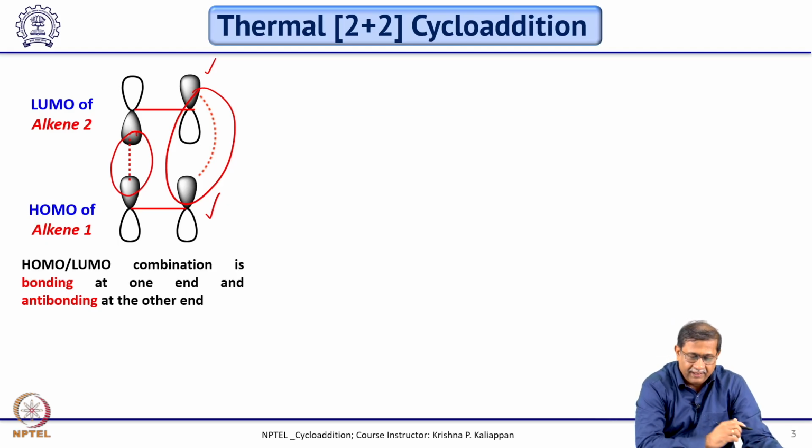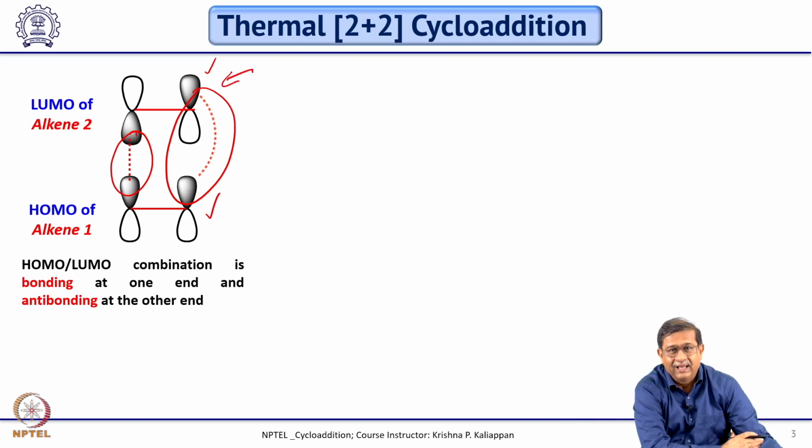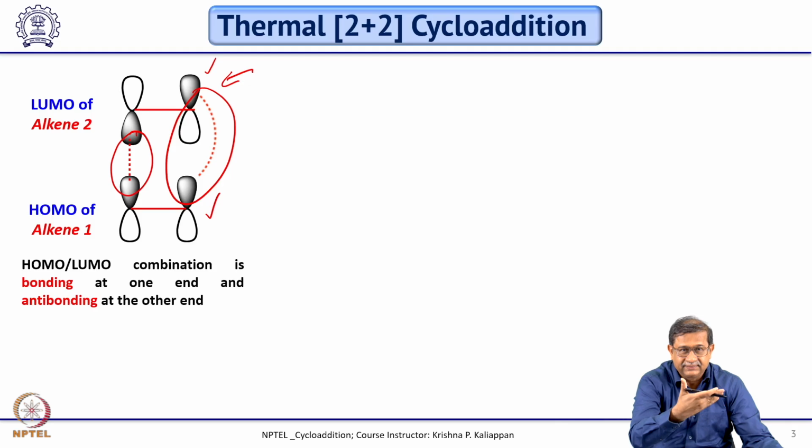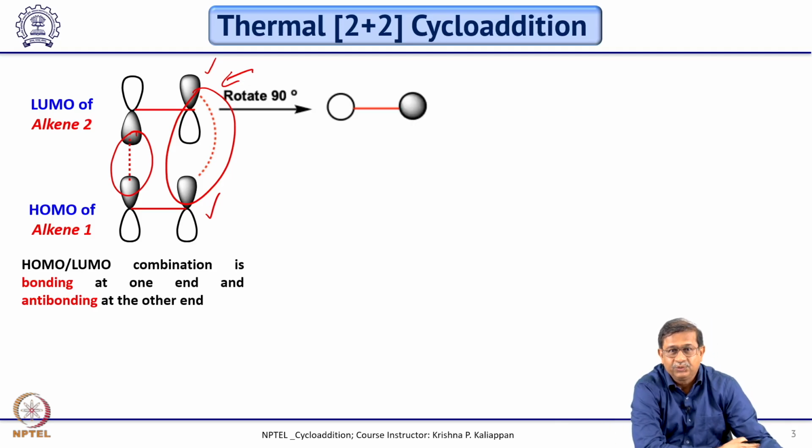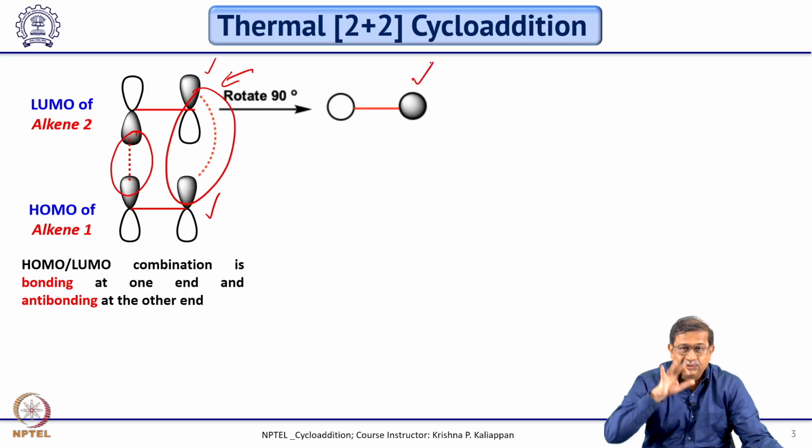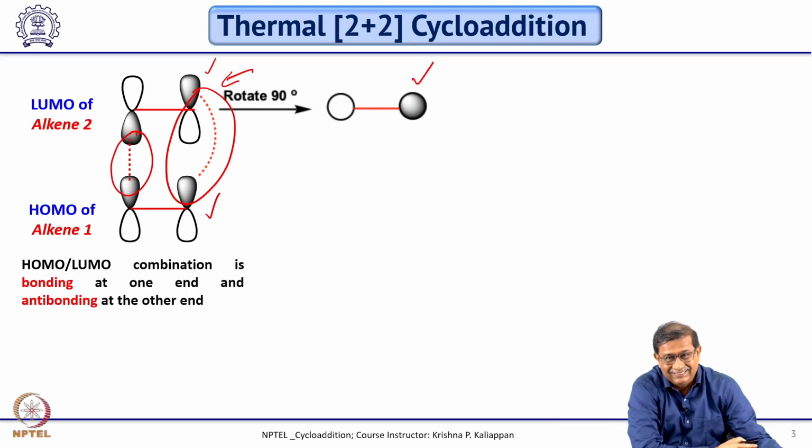However, if you take this LUMO of the second alkene and rotate it by 90 degrees, that is, you just rotate towards you, then you will see the orbital from the top, like this.